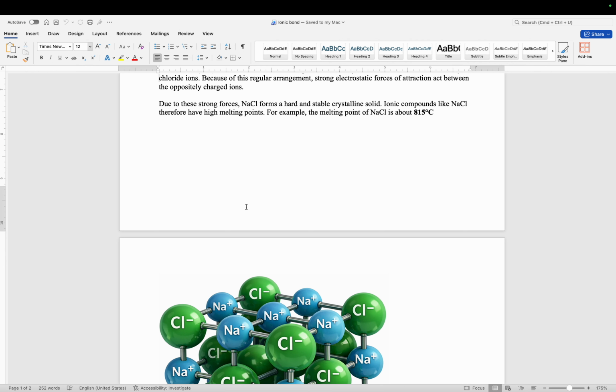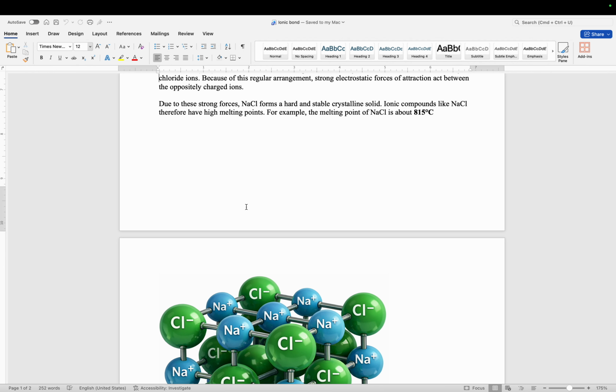When NaCl is dissolved in water, the crystal is broken down into ions, the cations Na plus and Cl minus anions get free from one another, and these cations and anions in aqueous solution are movable.